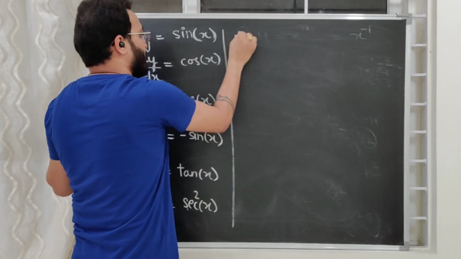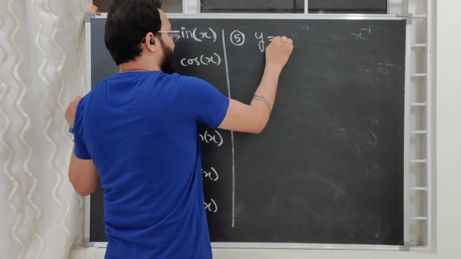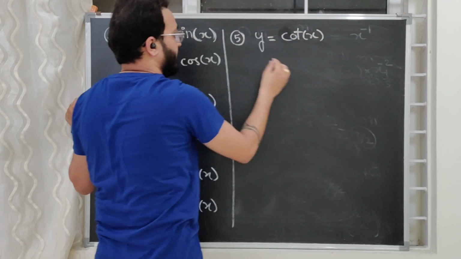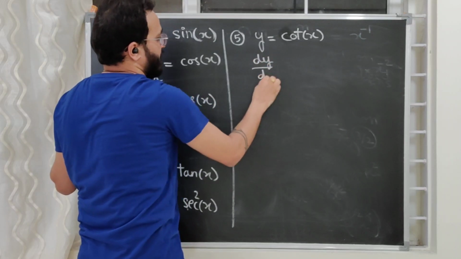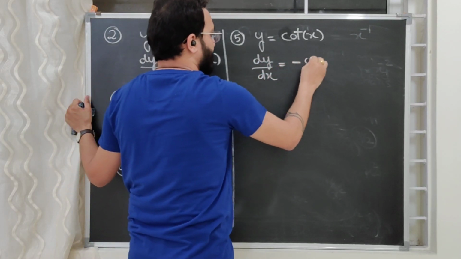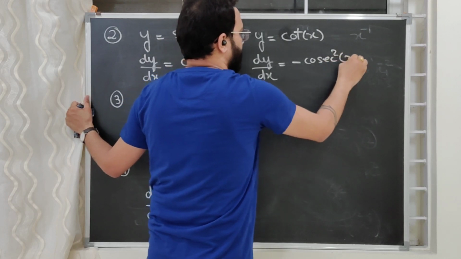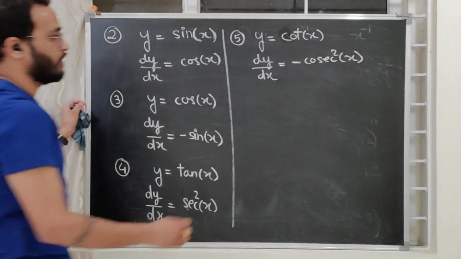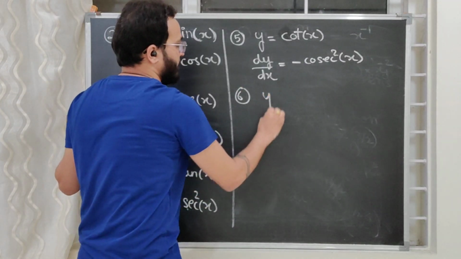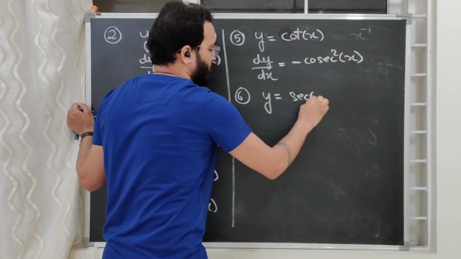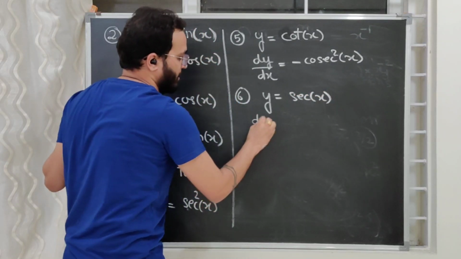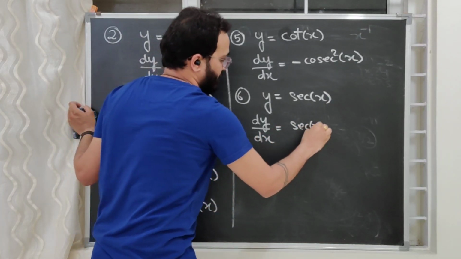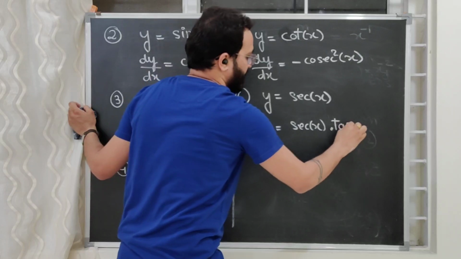Okay. And the fifth point is, if y is equal to cot x, then dy by dx will be equal to minus cosec square x. Do you understand this? And now sixth is, if y is equal to sec x, please remember all these formulae, then dy by dx will be equal to sec x multiplied by tan x.